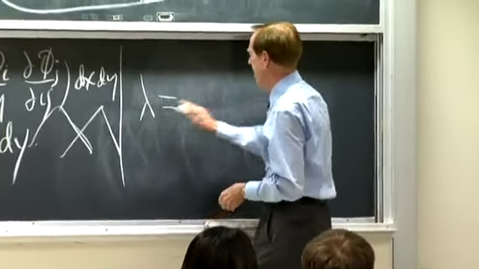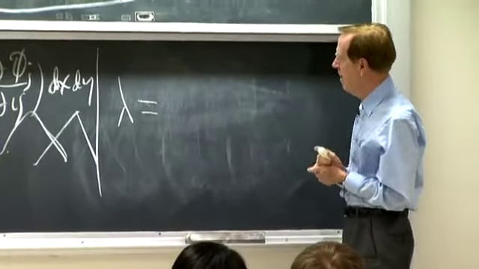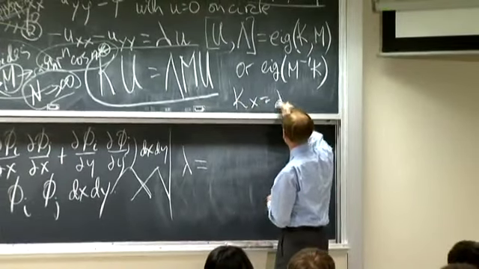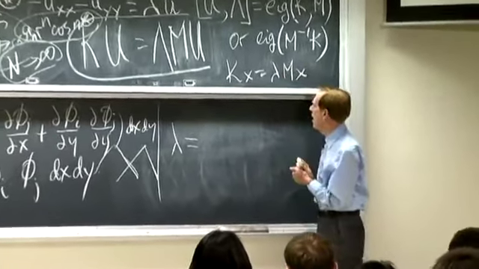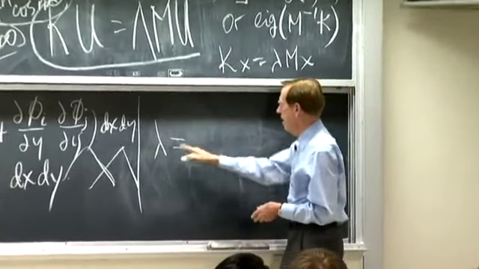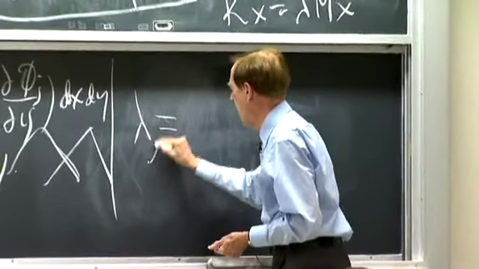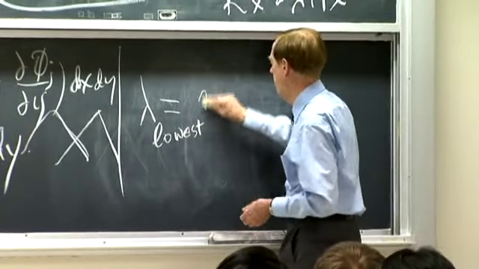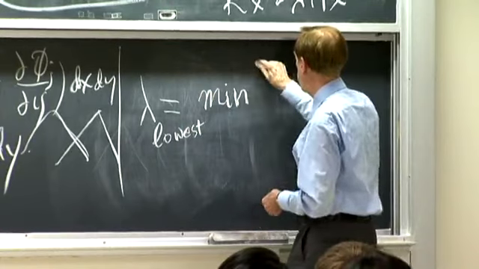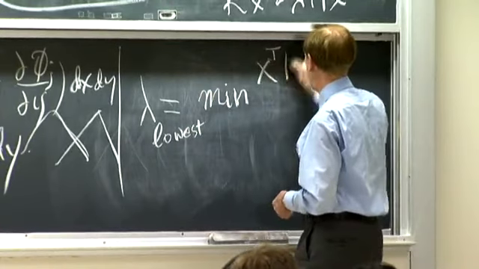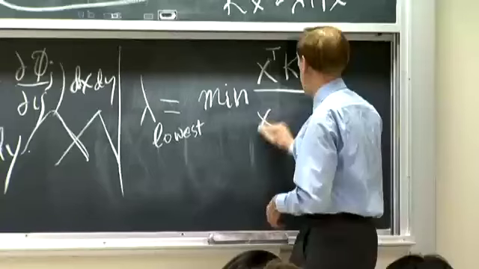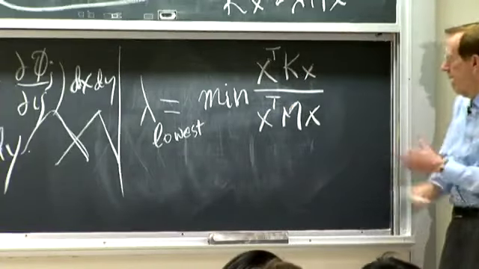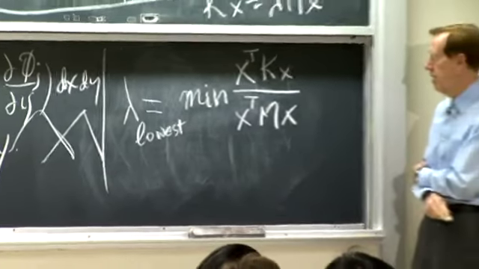Okay, so the eigenvalues, in the matrix case, for Kx equal lambda Mx, the eigenvalue problem, the lowest eigenvalue, lambda lowest, has a nice property. It's the minimum of our energy over our other energy. I just think this is something you should see.